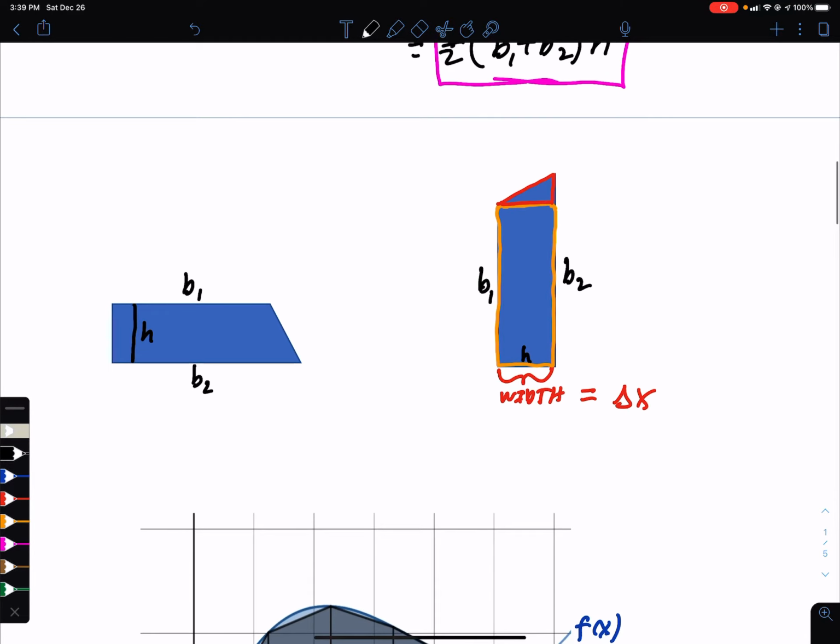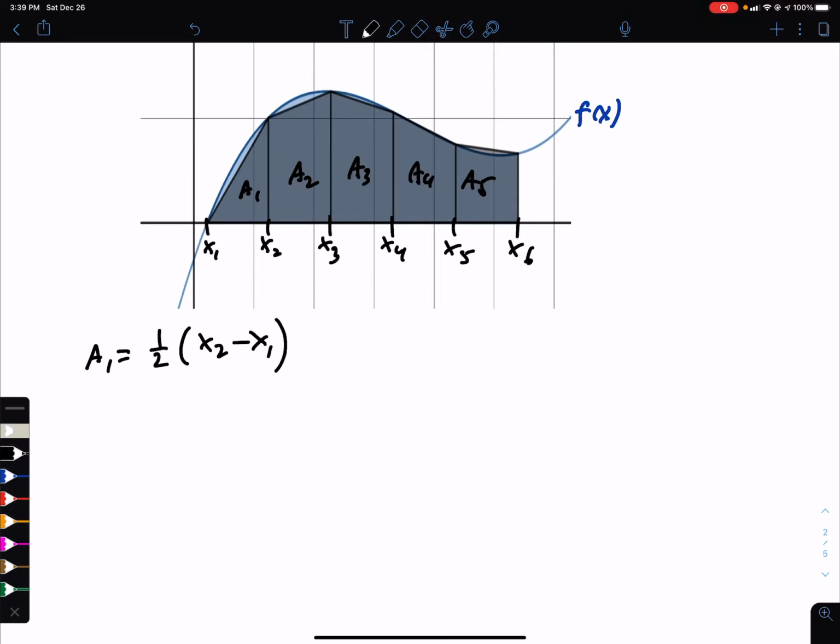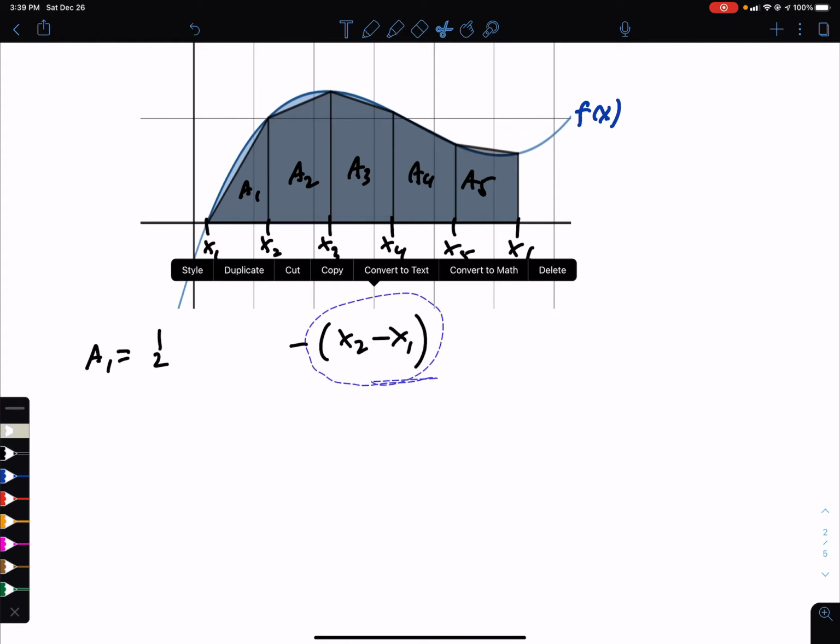Here's where it's going to get weird on you. Let me do it in the form I had earlier so it's not so confusing. The final formula we had is 1/2 the sum of the bases times the height. Well, now it's going to be 1/2 the sum of the bases. Here's a first base and here's a second base.